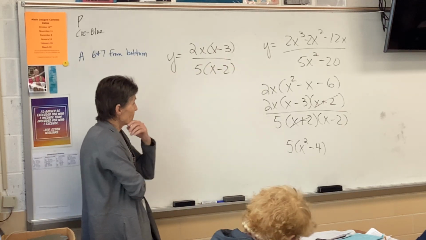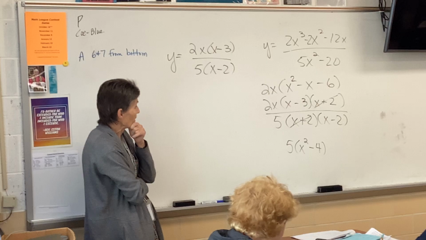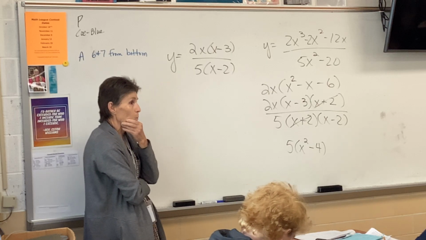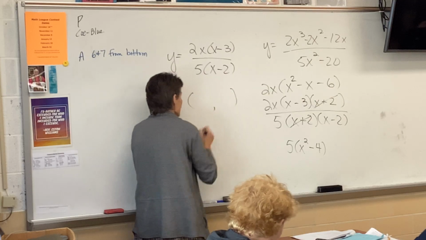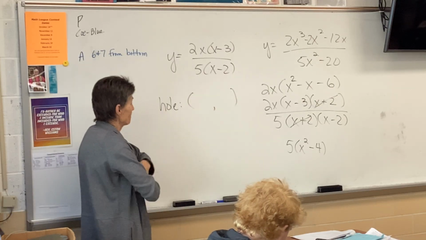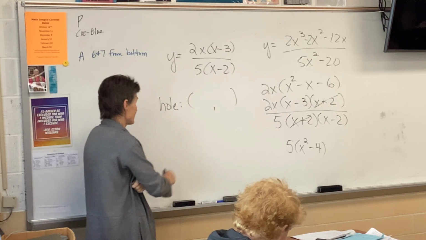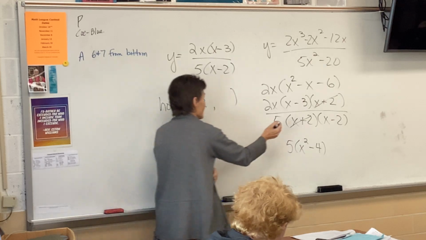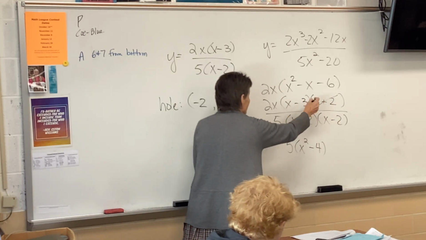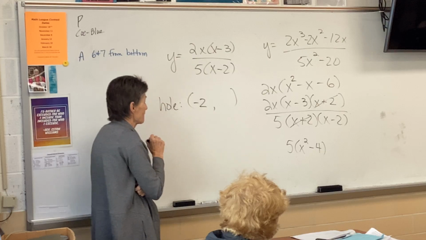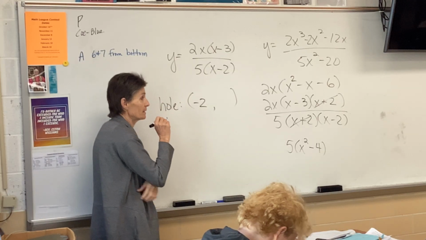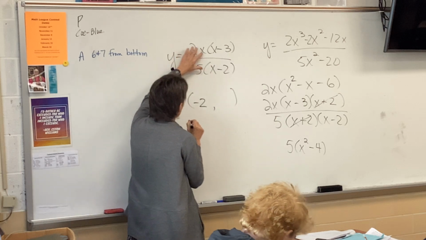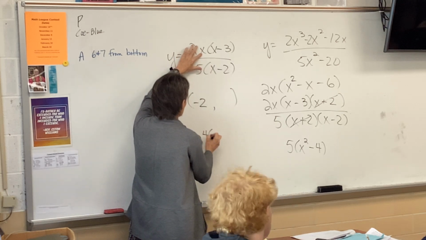Okay, now that I got my problem straightened out, everybody okay with that? So where's the hole? That's the question. The hole is a point. Where is it? X is negative 2 because that's what canceled out, right? And then how do I find it? Plug it in. So 2 times negative 2 is negative 4.